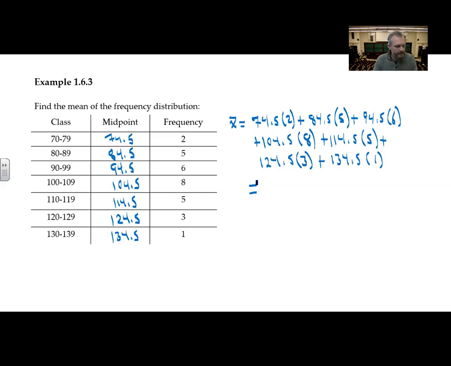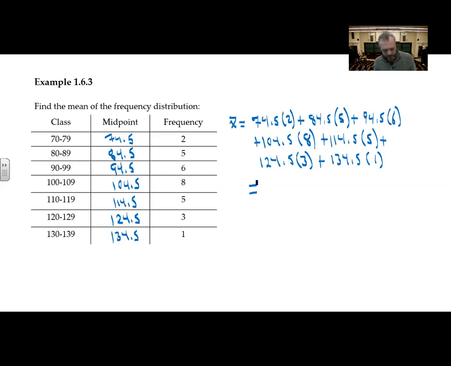And then grab your calculator and we can figure out what that is. So 74.5 times 2 plus 84.5 times 5. I encourage you to be doing this along with me. It's not pausing this. I'm on 104.5 now, times 8, plus 114.5 times 5, 124.5 times 3, finally 134.5 times 1.